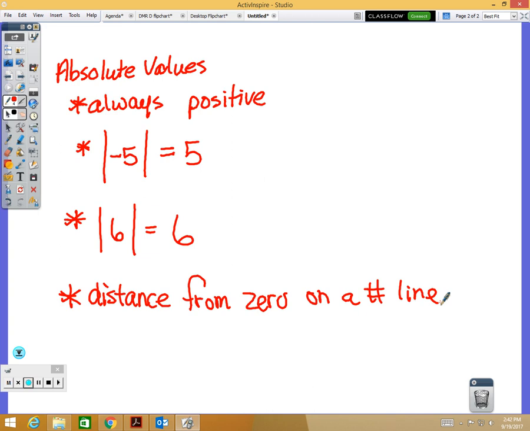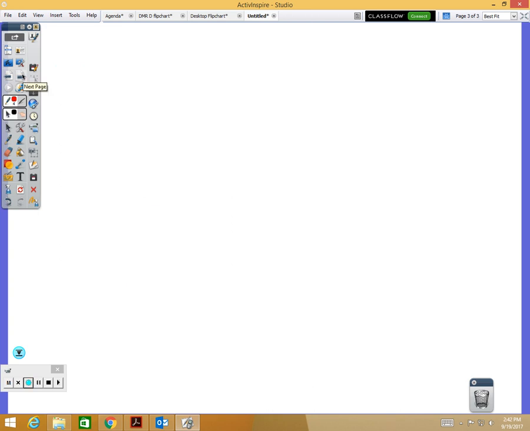Okay? So when we have an equation that has absolute values in it, I'm going to start off with easier equations. Okay? Let's say we have an absolute value symbol, the x, the variable, equals 3. Okay?